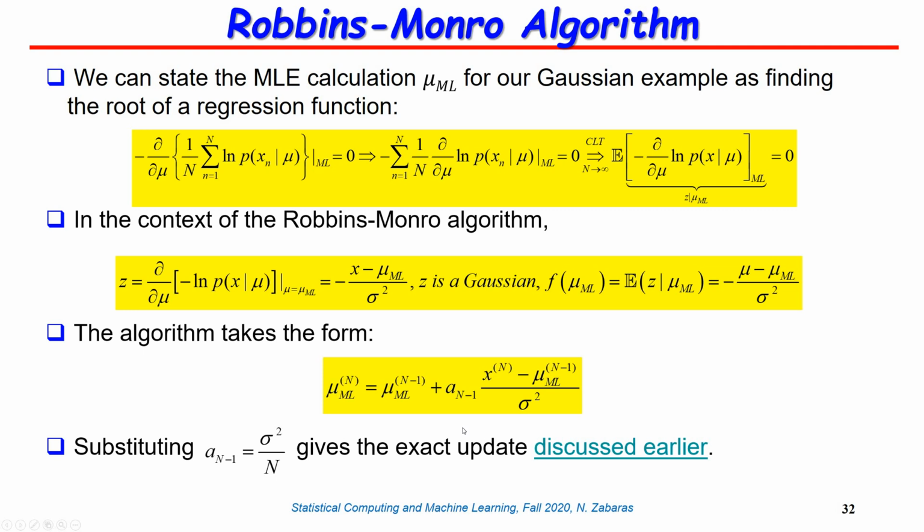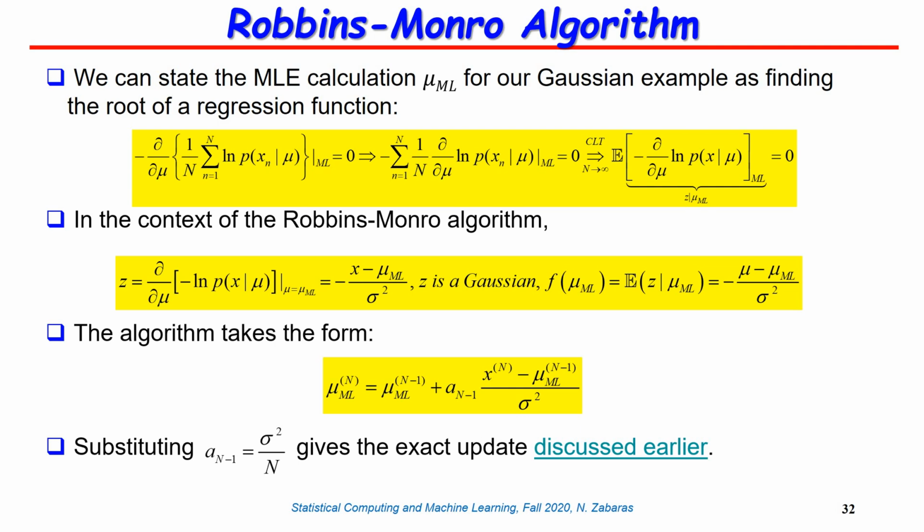Now, obviously, I am not doing this example of the Robbins-Monro algorithm because we're going to be calculating the MLE estimate iteratively for the univariate Gaussian, because we can do this exactly.